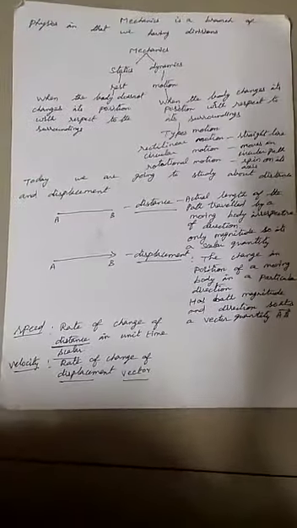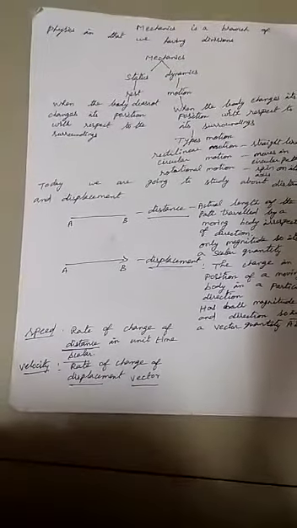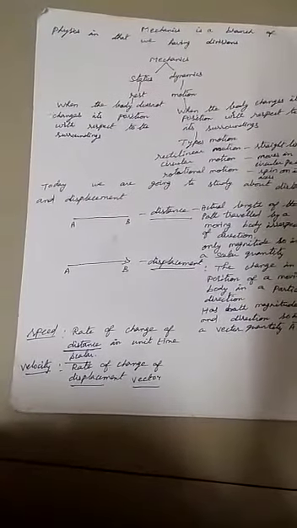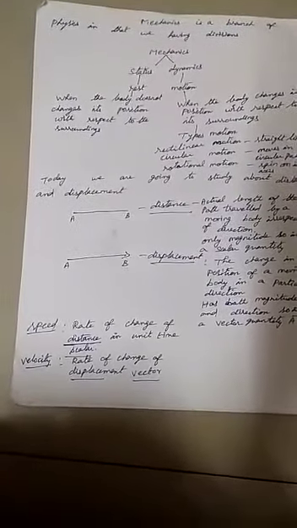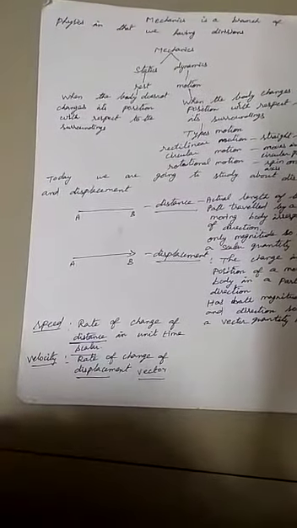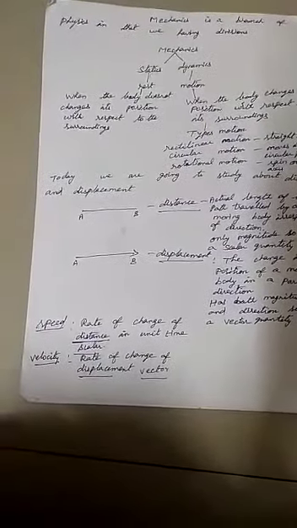Then what's the difference for displacement? Displacement is nothing but the path traveled by the moving body in a given direction. The direction is given particularly for the movement of the body, then we call that displacement. The only difference between distance and displacement is the direction.